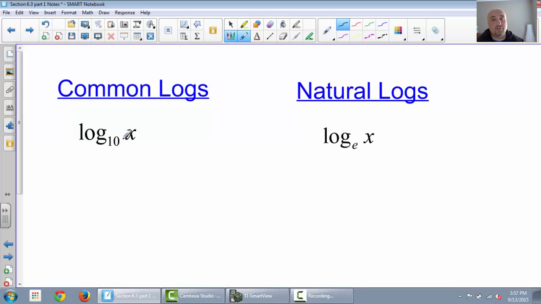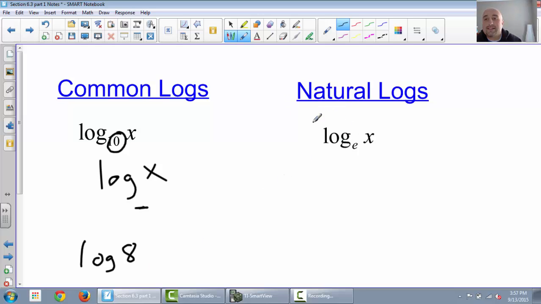If you see a log with nothing as the base, you know it's going to be base 10, because they leave it blank. So common logs are just log of x. For example, if you see something like this, that means log base 10 of 8. They just leave it blank.